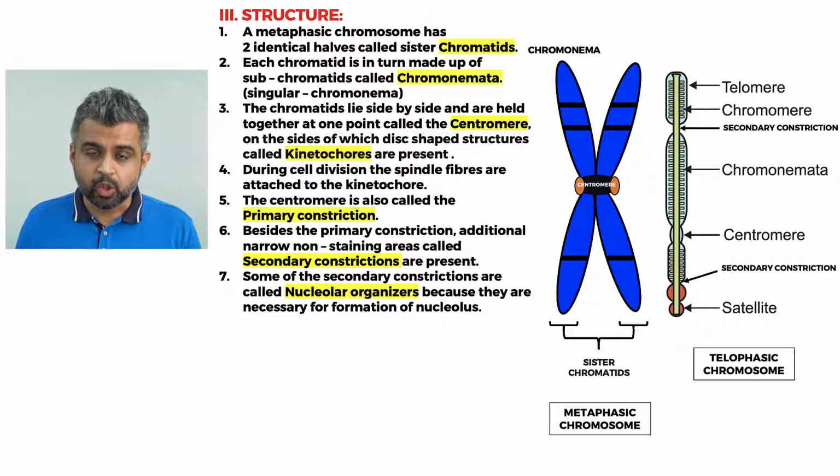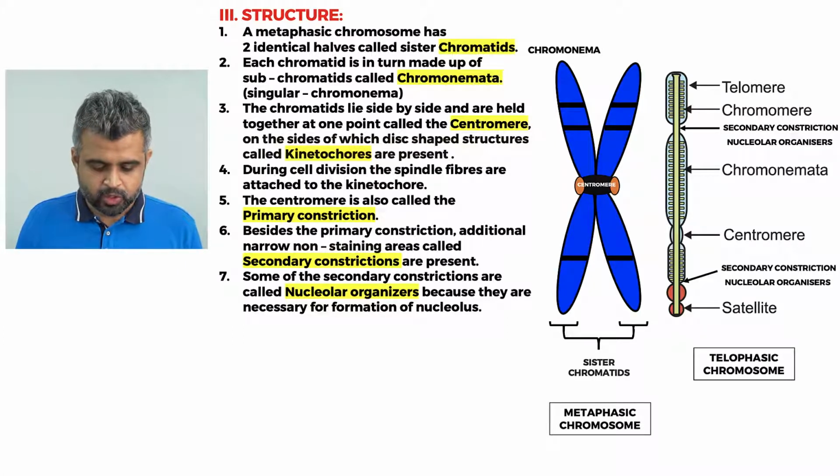So as far as the nucleolus is concerned, its formation requires help from the secondary constrictions. So secondary constrictions can also be called nucleolar organizers.